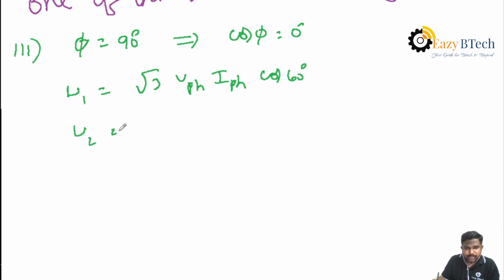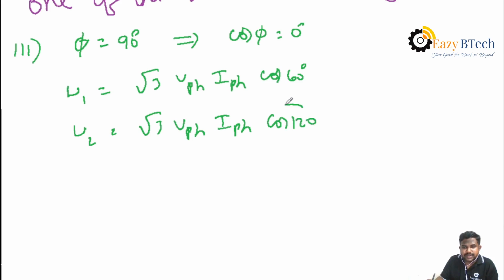Similarly, W2 equals root 3 into VPH IPH cos of (30 plus 90), that is cos of 120 degrees.